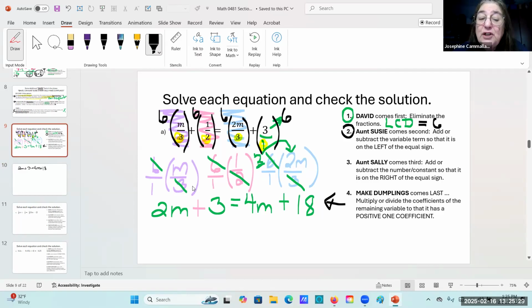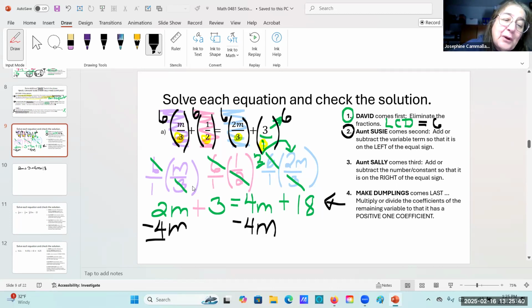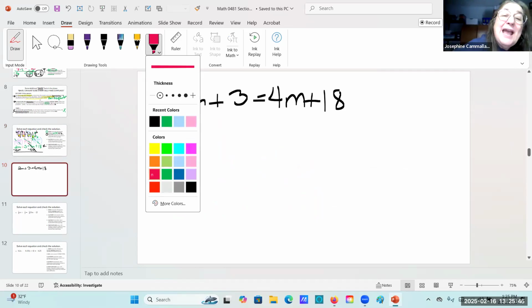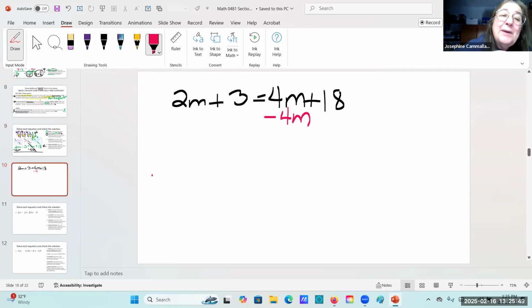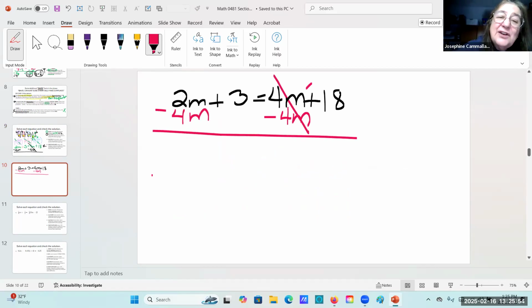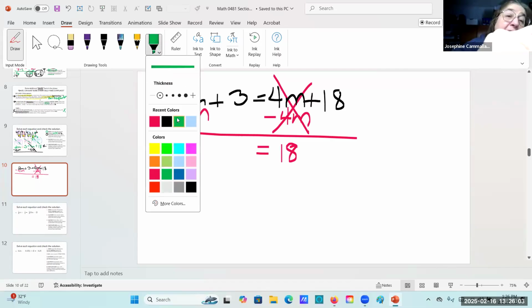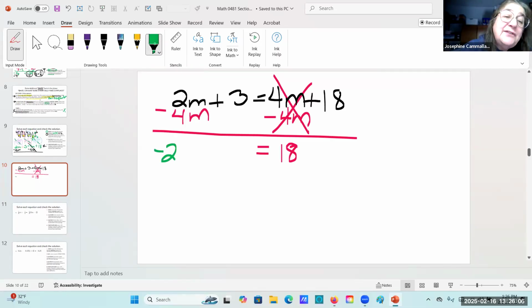So the first thing I'm going to do after I got rid of the fractions is I am going to subtract 4m from both sides. I'm going to subtract 4m from both sides. This is going to cancel. So on the right side of the equal sign, all I have is positive 18. But over on the left side, I have negative 2m plus 3.